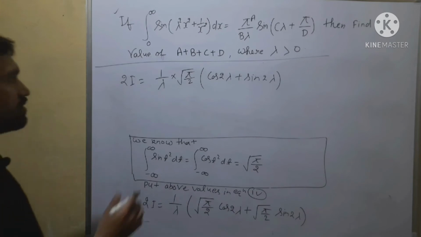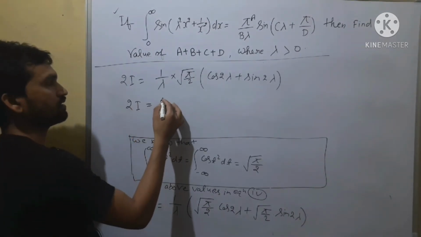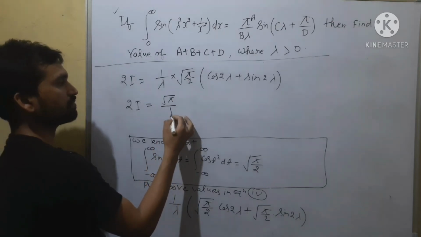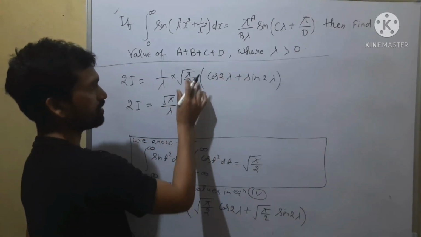okay, now 2i will be square root pi by lambda. We can take 1 by root 2.